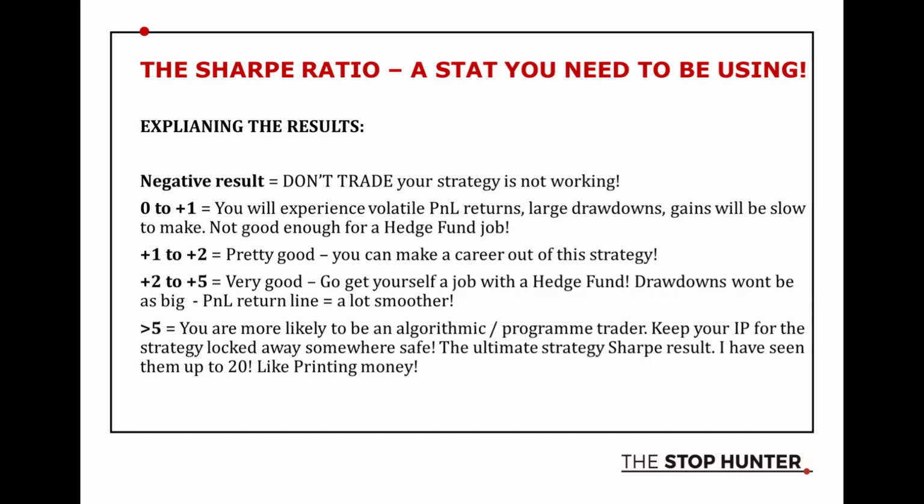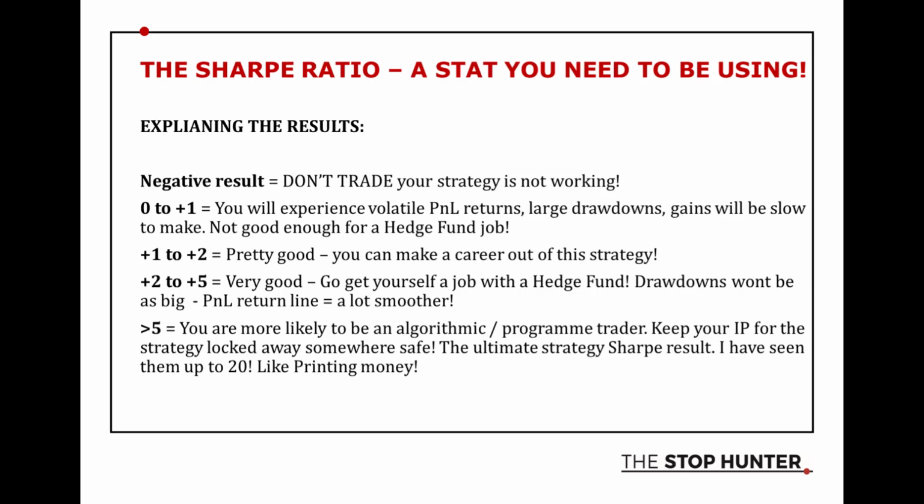So the higher the Sharpe ratio you go, basically you're a printer of money. And I have seen Sharpe ratios as high as 20, and they're in the world of algorithmic trading, and really they don't have any drawdowns, any losses. It's just such a nice consistent flow. But not everyone can achieve that 20 ratio.